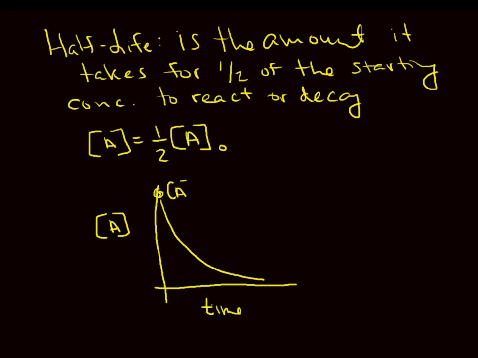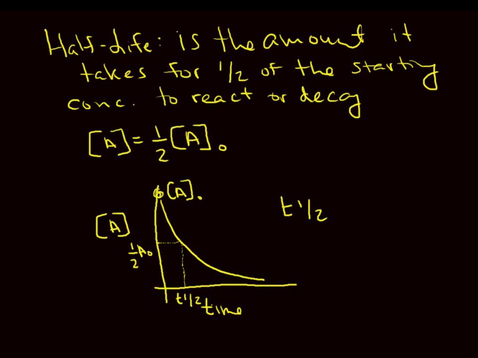Of course, our initial concentration is right there. And if we allowed half of the molar equivalents to decay, what we'd end up with is some value that is 1/2 A naught. And the amount of time that that takes to occur is T 1/2.